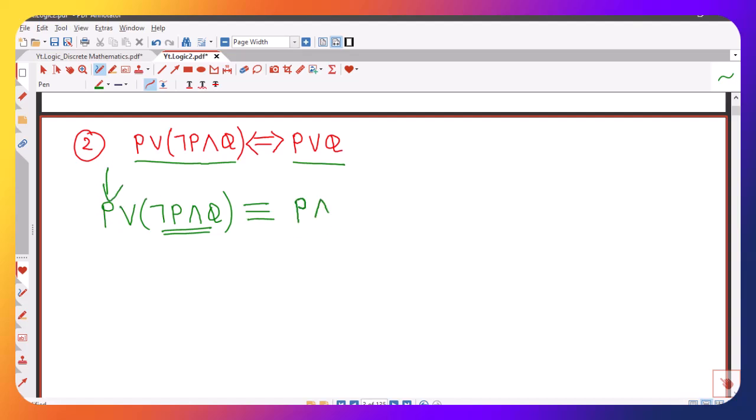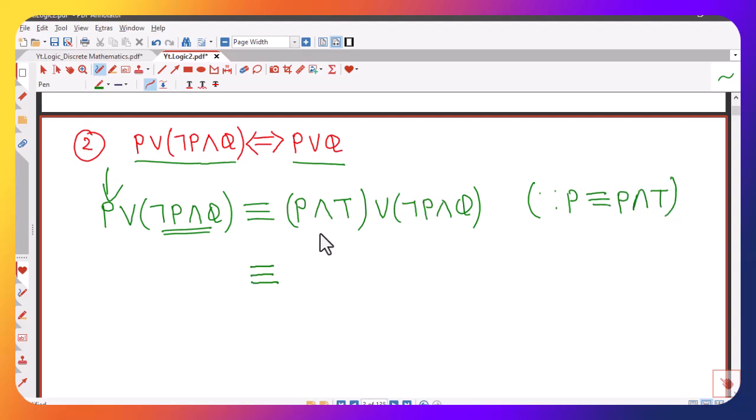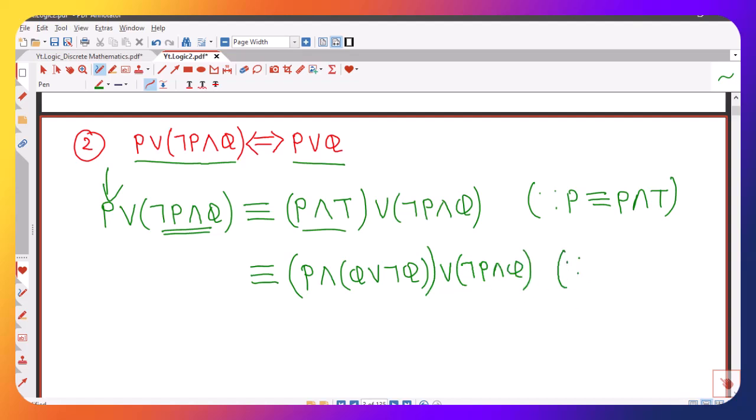So I first write P as P and T, and I will keep this as it is, negation P and Q. So what I have used here, P is logically equivalent to P and T. Now here Q is missing, so I will write capital T as Q or negation Q, and I will keep this as it is, negation P and Q. So what we are using here, T is always logically equivalent to a variable or its negation.